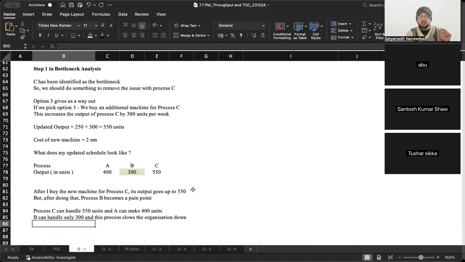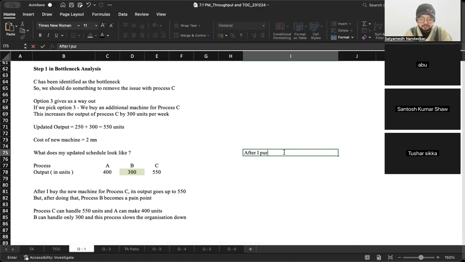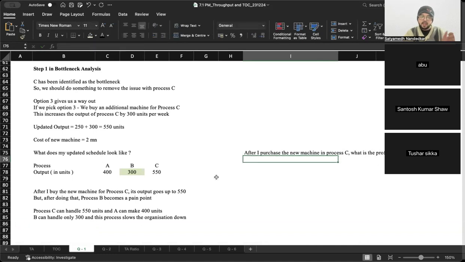And let's understand what happens after I make that investment in process C. After I purchase the new machine in process C, what is the profit situation? See, A can make 400, B can process 300, C can process 550.